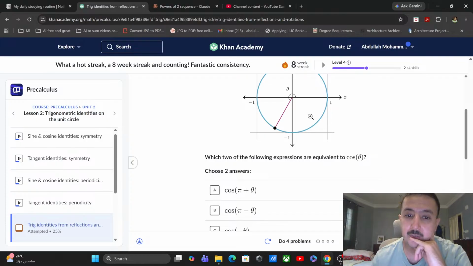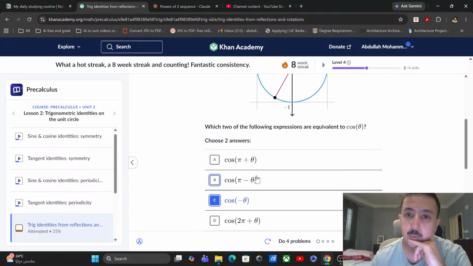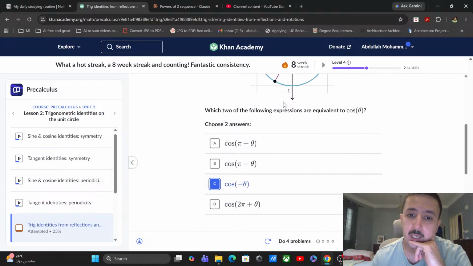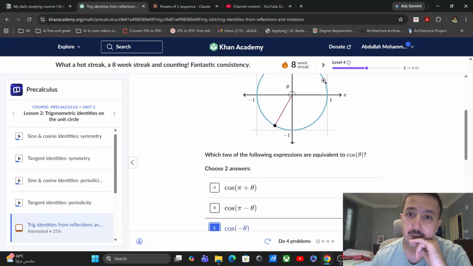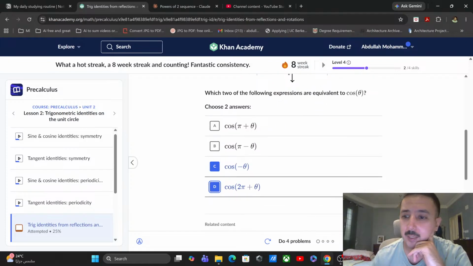Choose two answers. I'm left with this one, which is gonna put me here, and the x is minus here, and 2 pi plus theta, which is the same, so I'm gonna go with this.